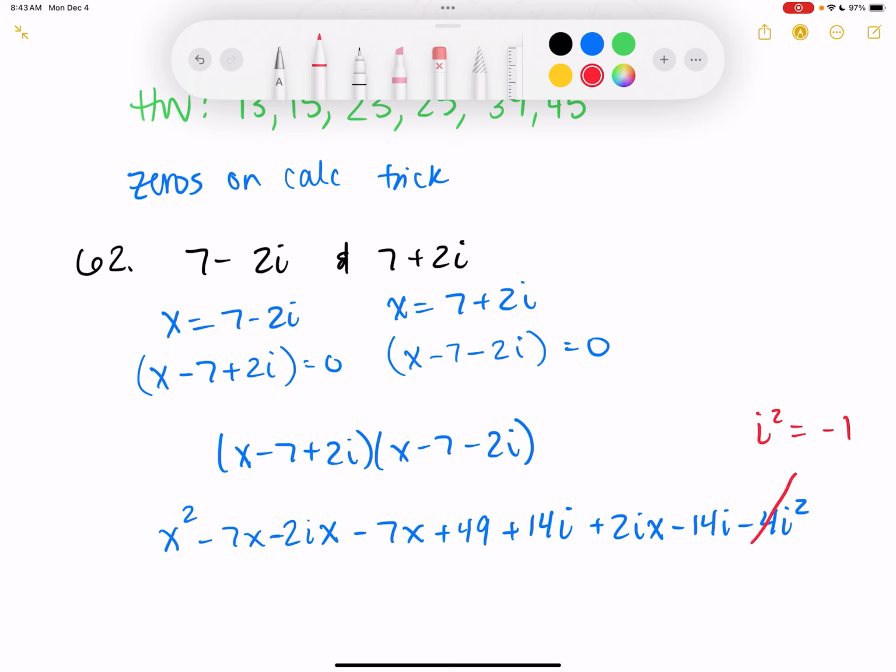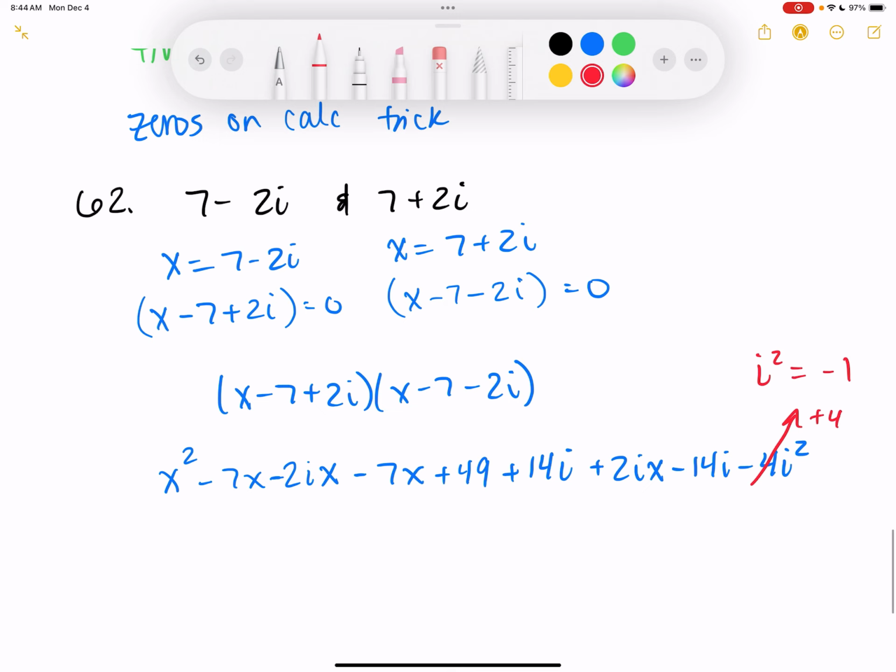This is going to become a positive 4. Okay, because of that happening right there. Okay. So I'm just going to do this to try to not have to rewrite things so many times. So I'm going to look and see if there's anything that can cancel or anything that can be rewritten. So basically, I'm rewriting the negative 4 times i squared as positive 4.